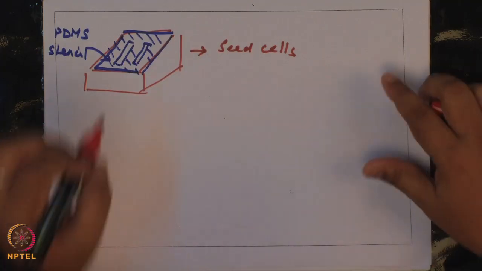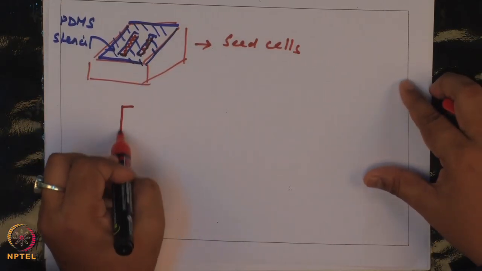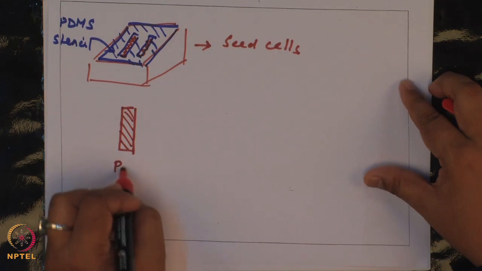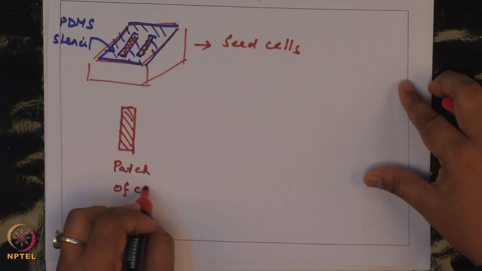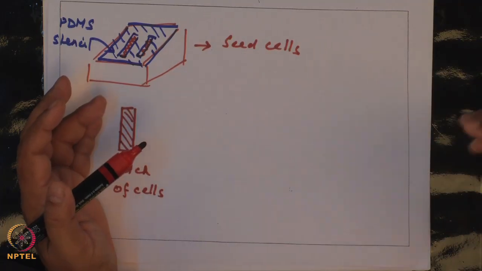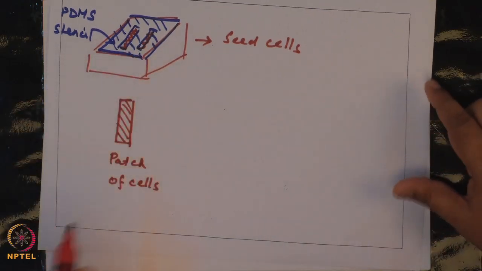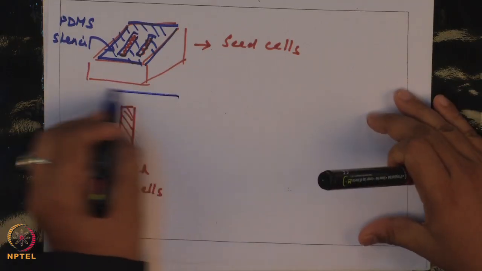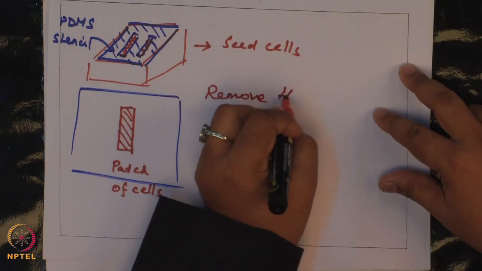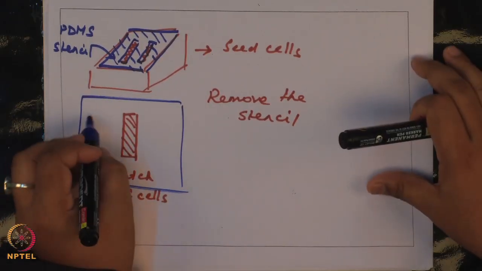So, the cells instead populate the space available. What you essentially have is a patch of cells, and around it is an area which is not accessible to the cells, with the stencil around it. This is the entire surface. If you remove the stencil, what you have is empty space.